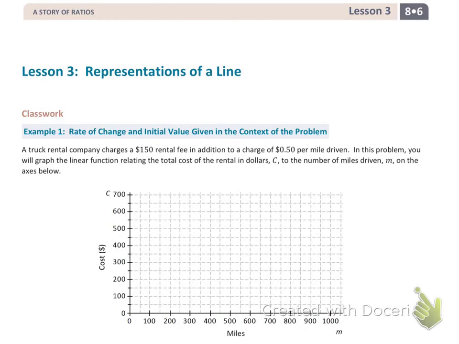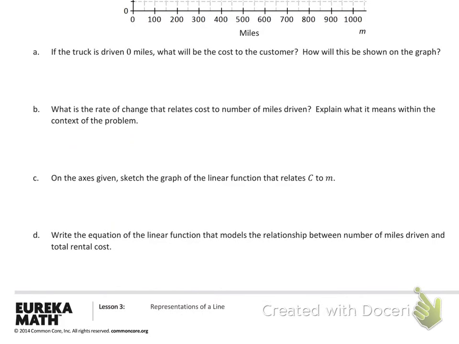Okay, so notice right off the bat, instead of X and Y, we've got C and M. And so we'll have to keep that in mind, that cost is a function of miles driven. Okay, so we'll be graphing it here on this axis. So I'll be coming back and forth between these 2 pages.